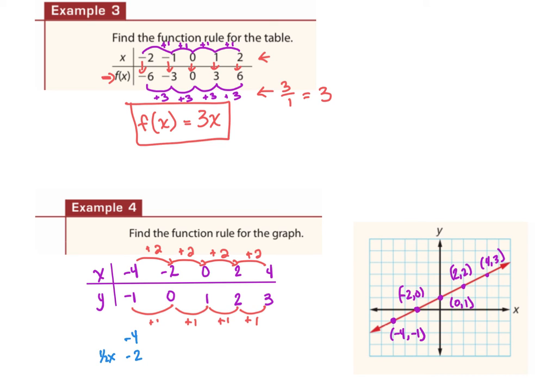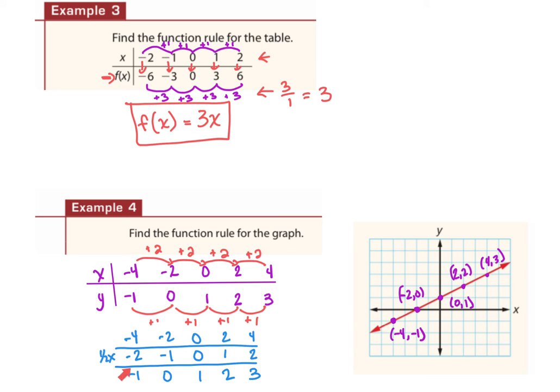That gives me -2. What happens when I take -2 by 1/2? It's a -1. What happens when I take 0 by 1/2? 0. 2 by 1/2, 1, and 4 by 1/2, 2. So now let's compare that to what it actually is. -1, 0, 1, 2, and 3.